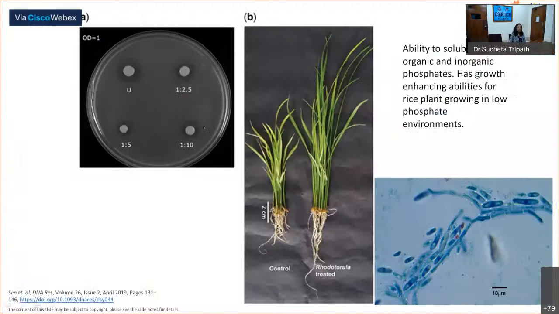And why is it bioremediating? Because, first of all, it is growing in the uranium mines, so it must be doing something so that uranium is degraded and the land is becoming more and more usable. Another way could be that it has the ability to dissolve inorganic phosphate and other inorganic forms.